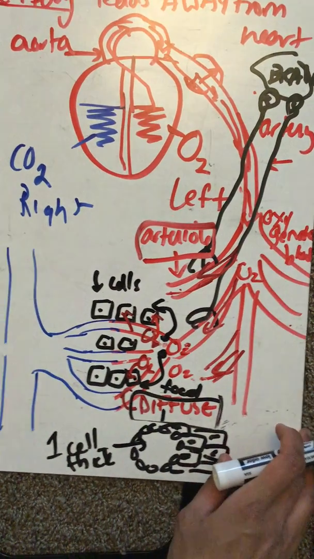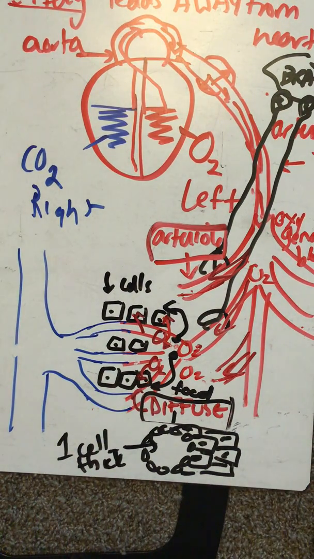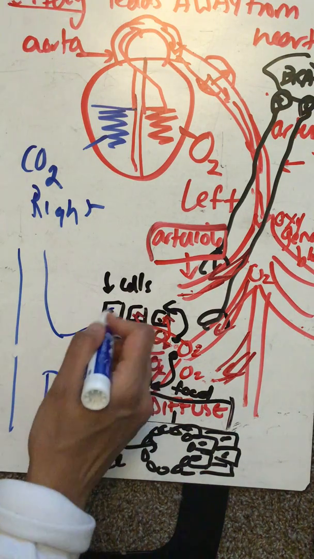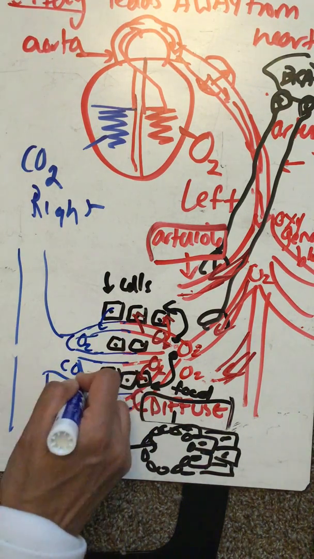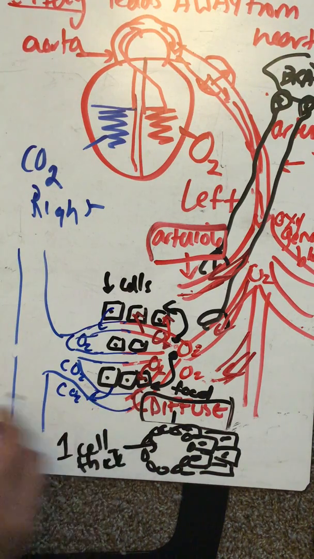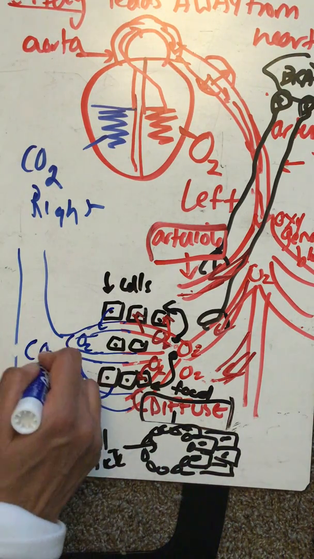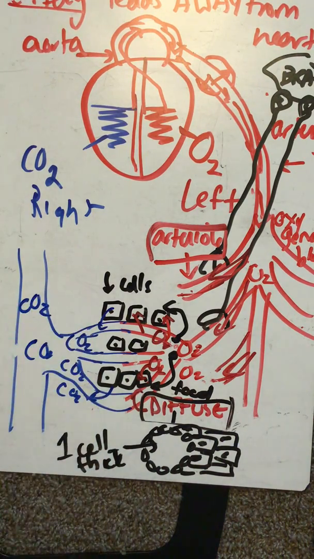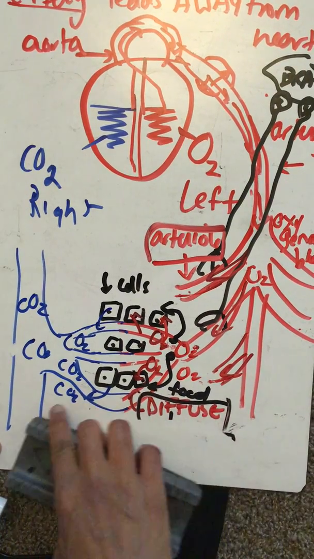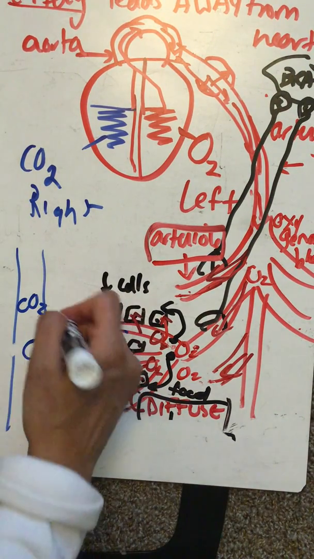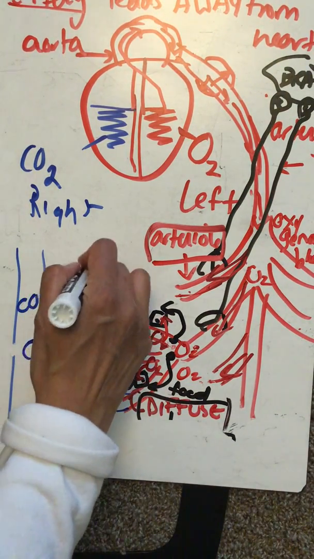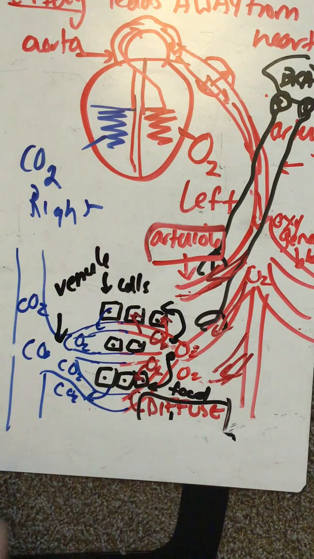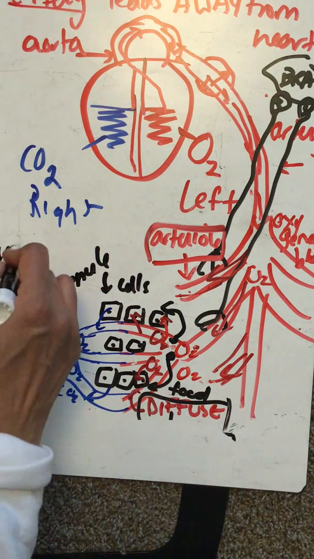And so the capillary is really important because not only do you give oxygen to your cells, what is returned is CO2. So now you have all this CO2 being returned to your blood, and the CO2 is going to collect into this first venule over here, and then it goes to the vein over here.